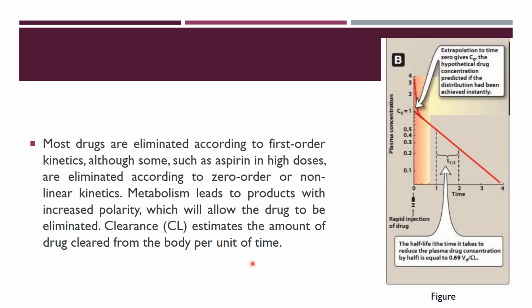Clearance estimates the amount of drug cleared from the body per unit of time. Plasma concentration versus time graph indicates extrapolation to time zero gives C0, the hypothetical drug concentration predicted if the distribution had been achieved instantly.